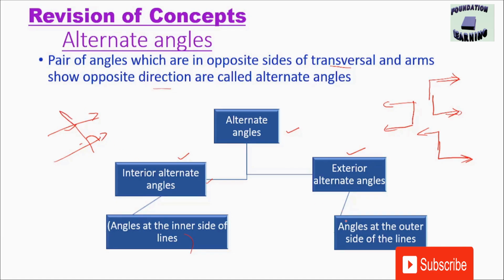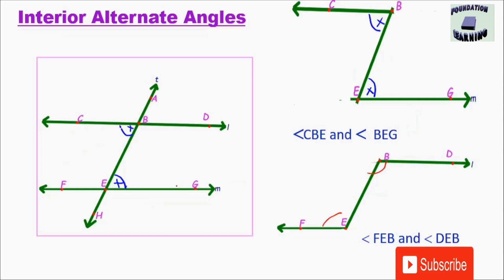We'll understand each of them. First we take interior alternate angles. Which is the first one? The first one is this angle, CBE, and BEG. Remember what is happening? This angle is on the left side, whereas this angle is on the right side. It is on the opposite side of the transversal.